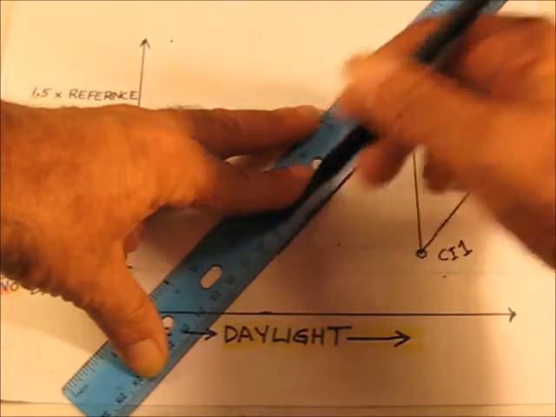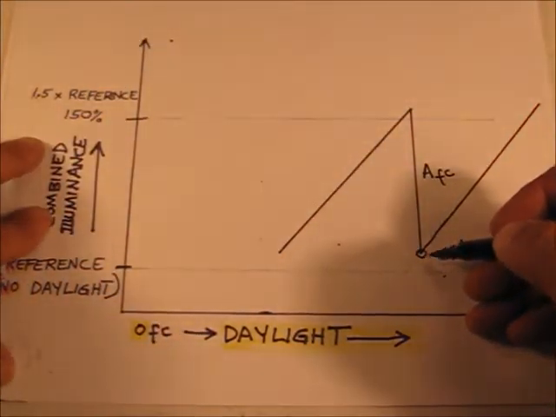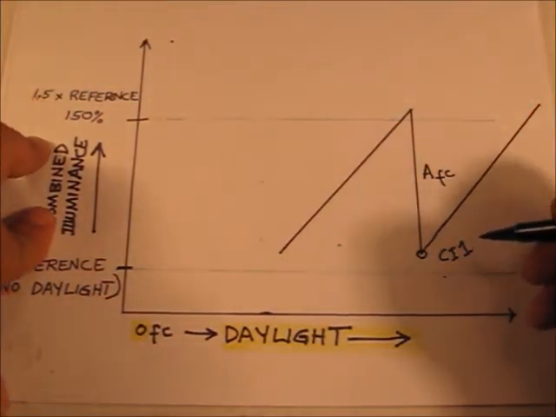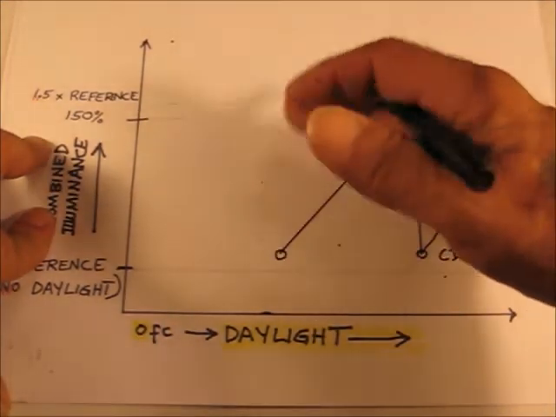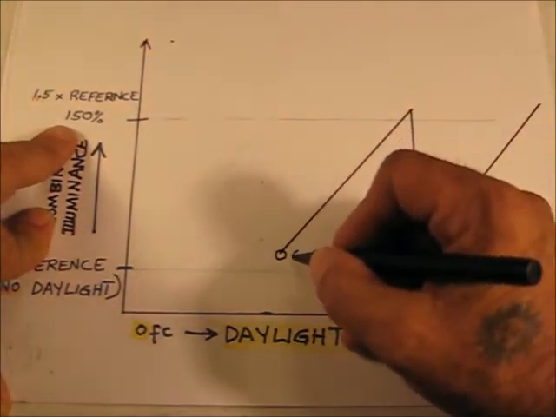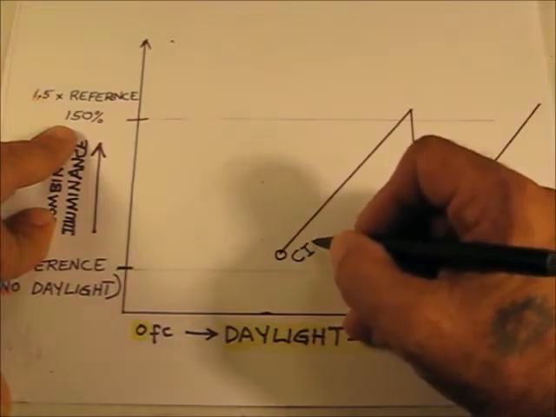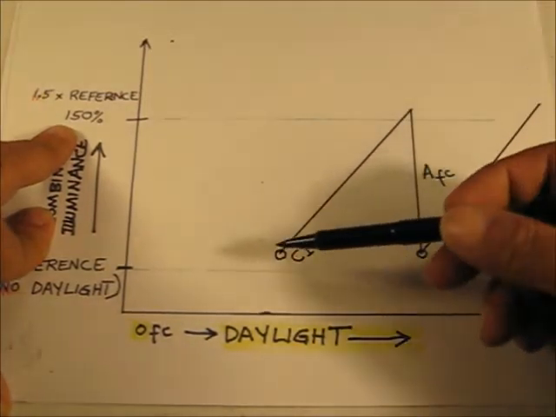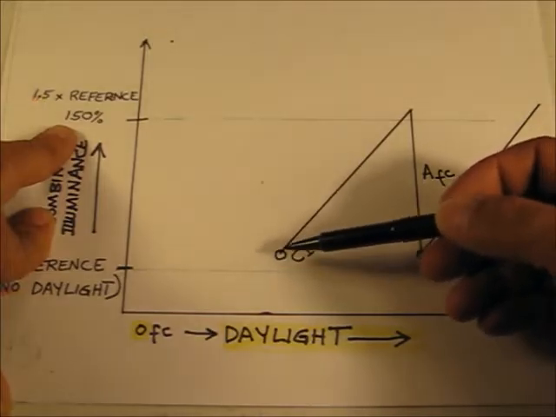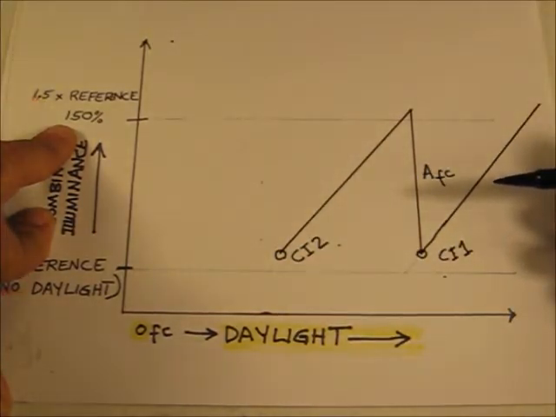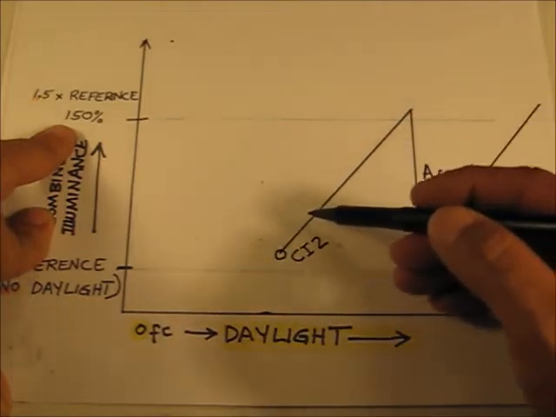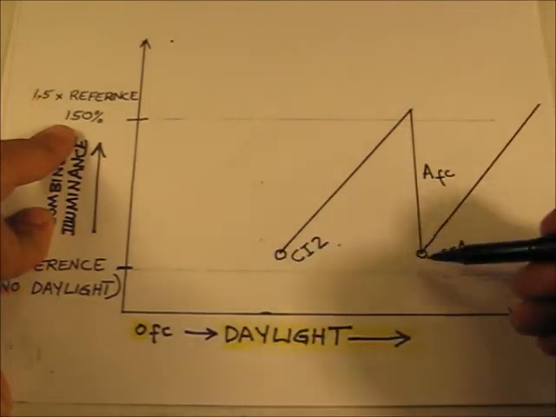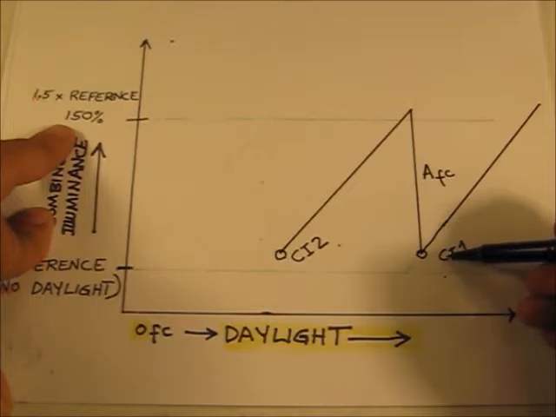Now, daylight is going to continue to decrease in this space. So we want to get down to around the same point as cut in 1 before cut in 2. And this is combined illumination we're showing you here. We want to figure out where cut in 2 is. Well, how much does the daylight contribution into the space have to decrease for cut in 2 to equal cut in 1?